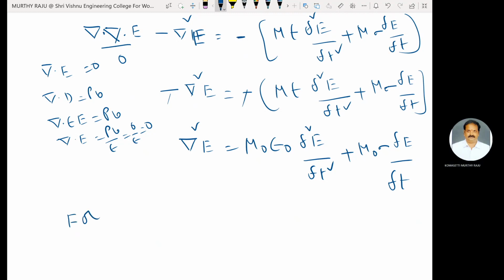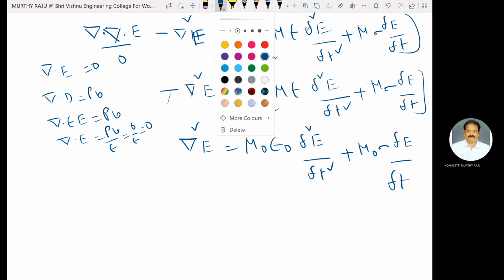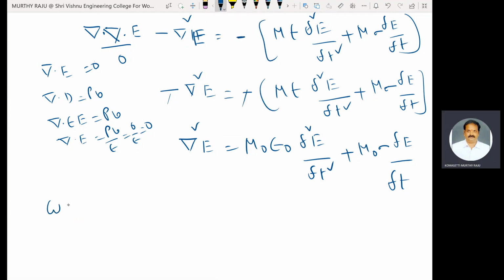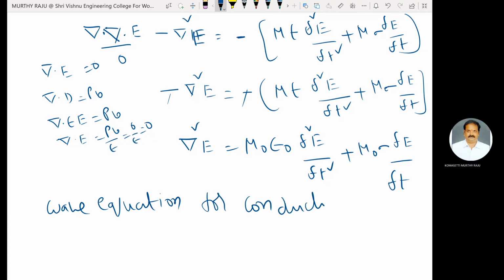Now the wave equation for conducting media. The previous one was the wave equation for free space; next is the wave equation for conducting media.